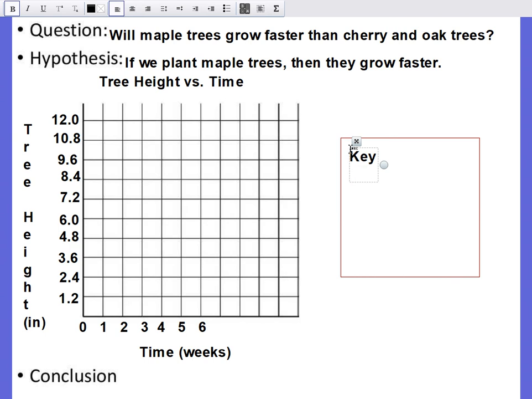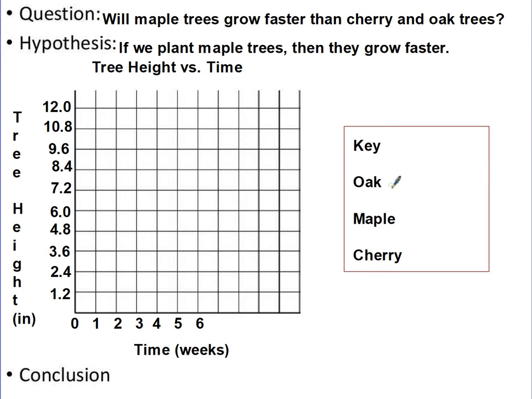I need one for oak, maple, and cherry. I'm going to pick brown for oak, I'm going to pick green for maple, and I'm going to pick red for cherry.